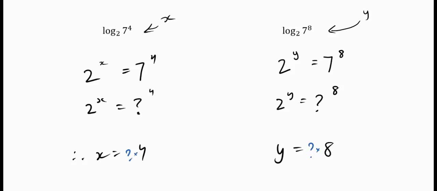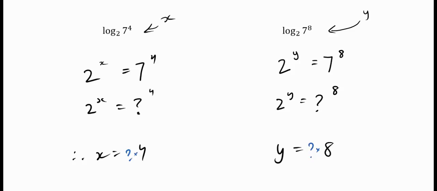And so when I look up at the top, what is twice as big in here? Twice as big means 2 times something, right? So what am I multiplying by up here that's making this? What I'm noticing is that log base 2 of 7 to the 8, whatever it works out to, is twice as big as log base 2 of 7 to the 4. I've doubled the exponent in the argument, I doubled the whole thing.